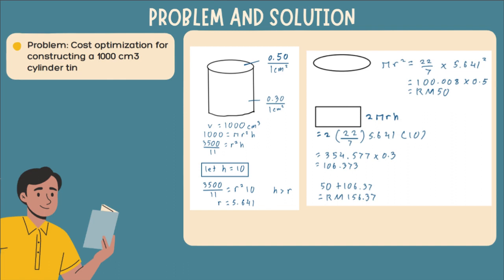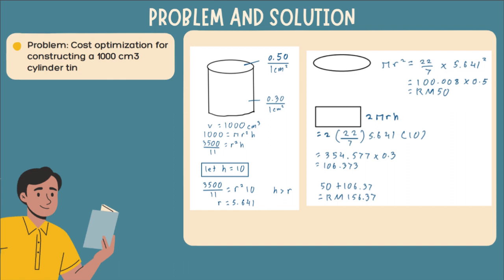And the solution is, from the top we use V equal to 1000 centimeter cube, and we just put the numbers inside, and then we got 3500 over 11 equal to R square H. So let H equal to 10, and we got R equal to 5.641.